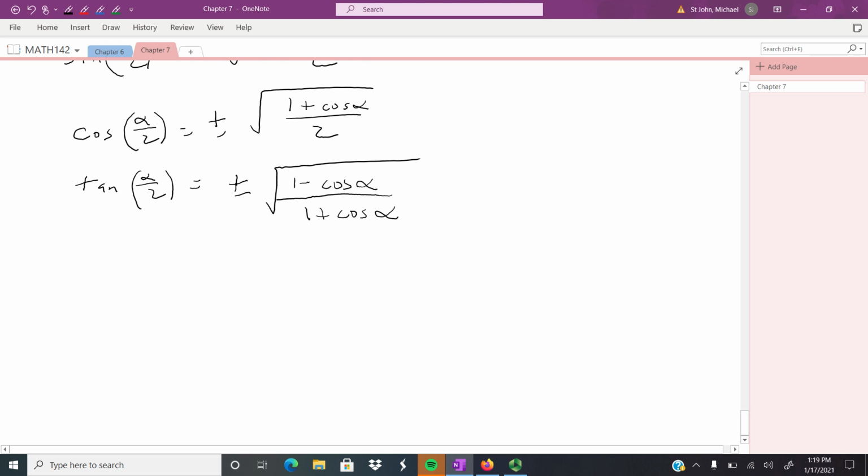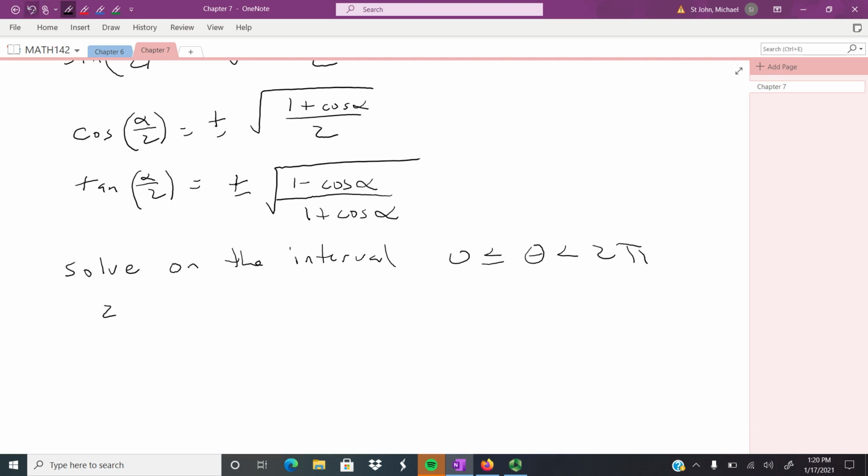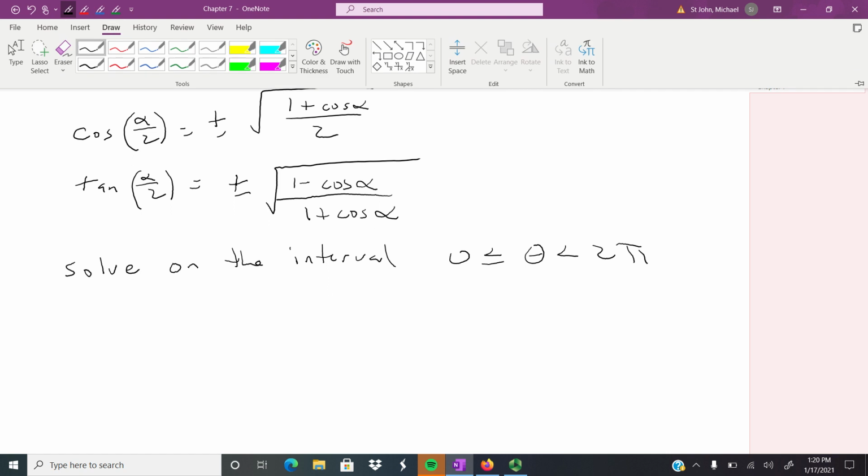So let's do one last example of a question. And so we want to solve on the interval 0 to 2 pi. Actually, sorry, let me start at the beginning here.